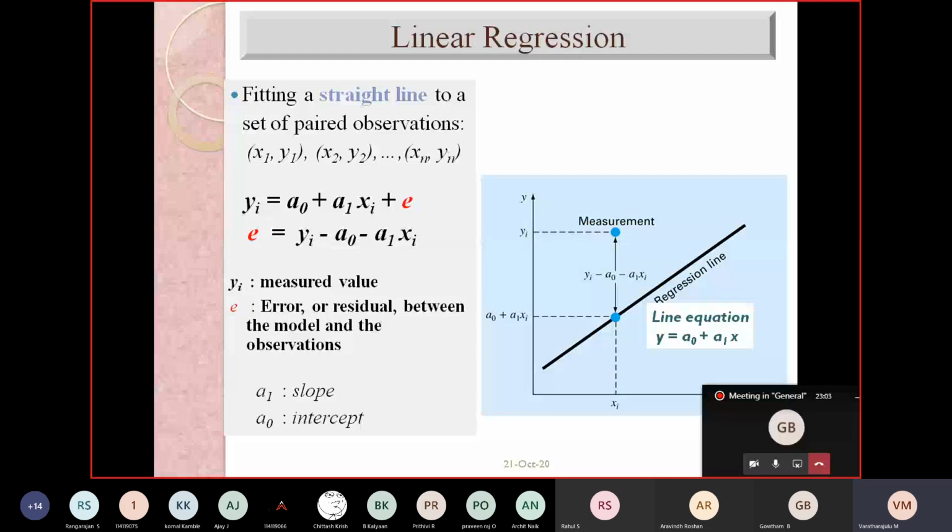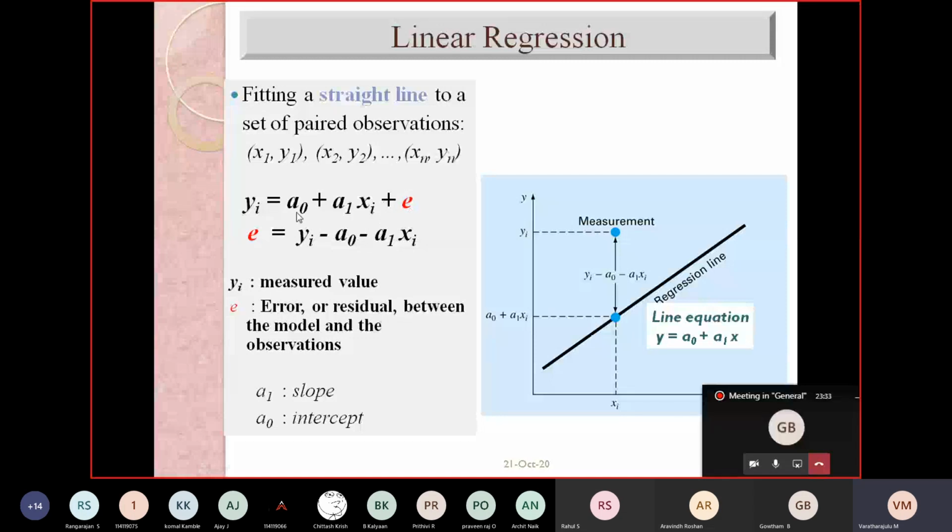In that, the term which is associated with the x is the slope, and the term that does not have any x is nothing but the intercept, which is intercepting or disturbing the model. And the e, we are unaware about the e.